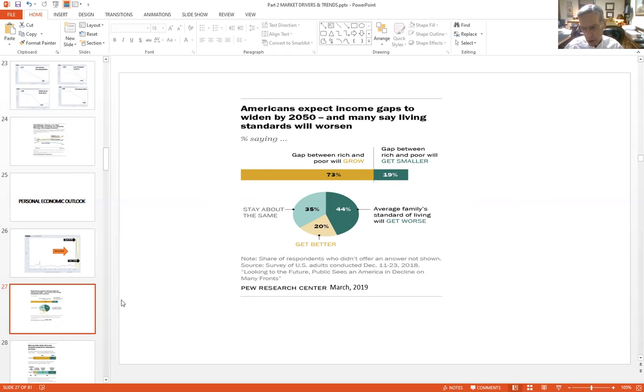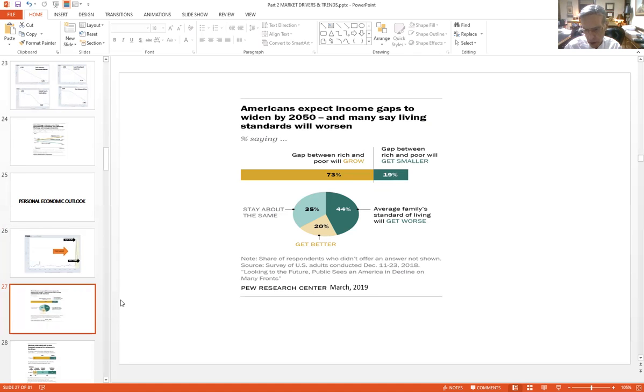And almost 3/4 of the respondents felt that gap between the haves and the have-nots will widen. Down below the bar, we see the pie chart with people reporting expectations that their income will decline was almost half, 44%. And another 35% said that it wouldn't grow, stay about the same. If you add those up, it's 79%.